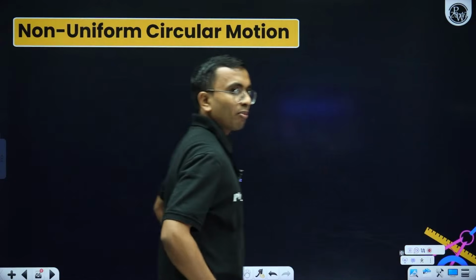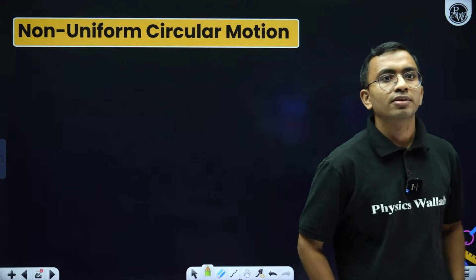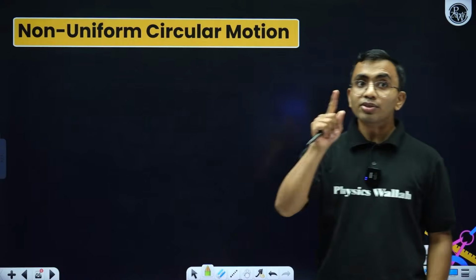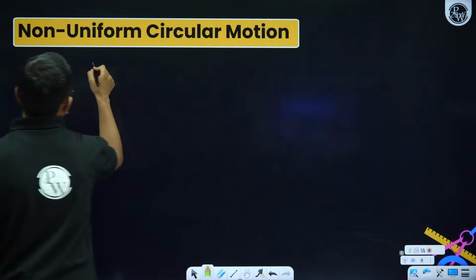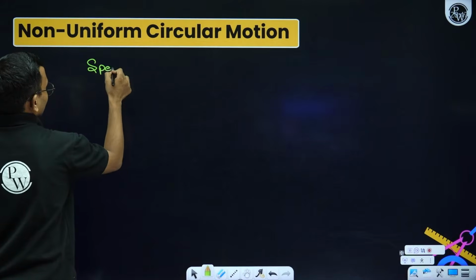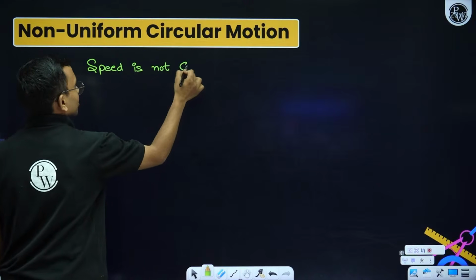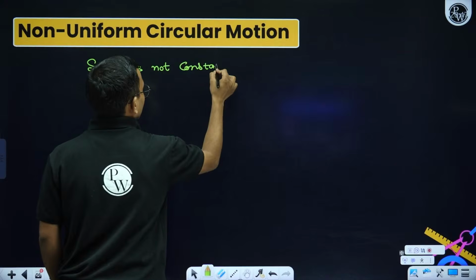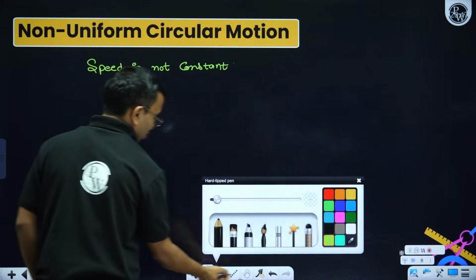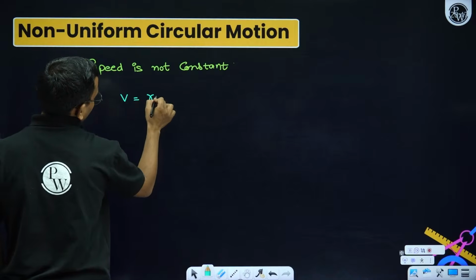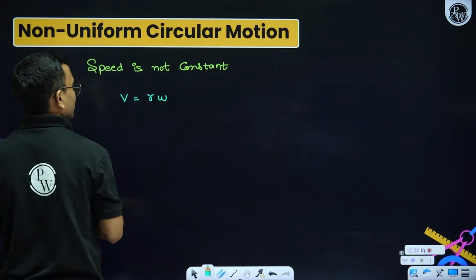Now let us talk about non-uniform circular motion. Non-uniform circular motion means here speed is also changing. Speed is not constant. I was having V is equal to R omega.